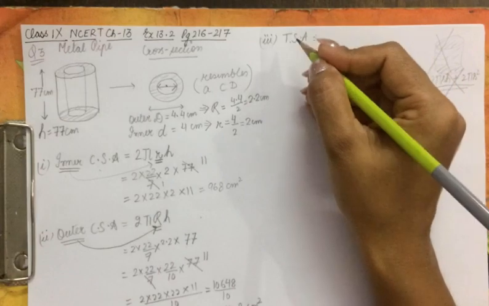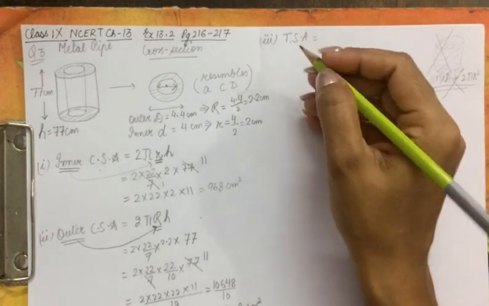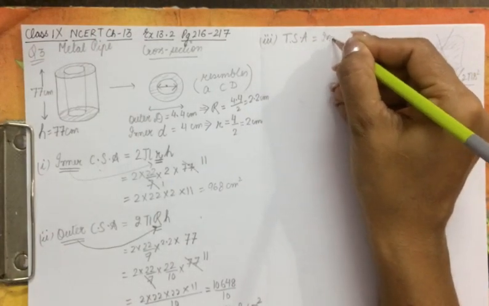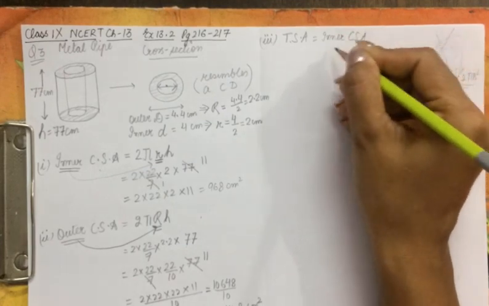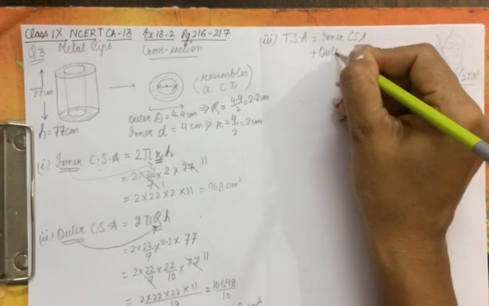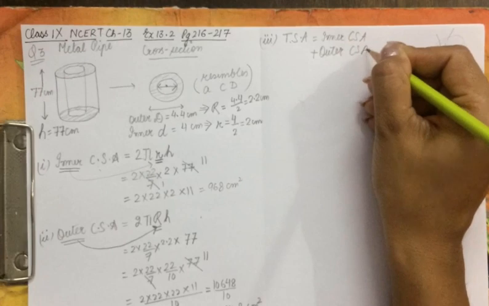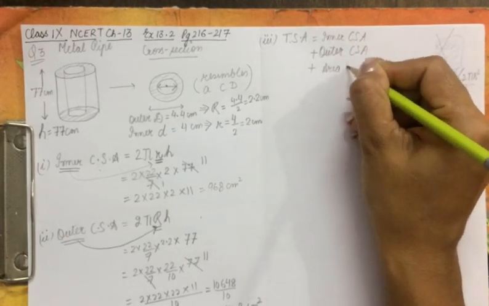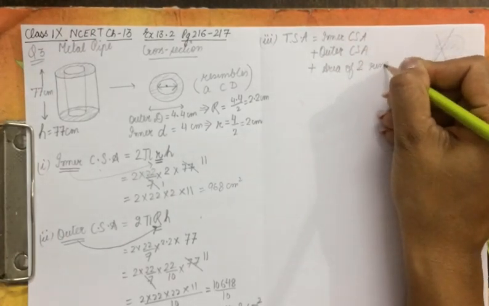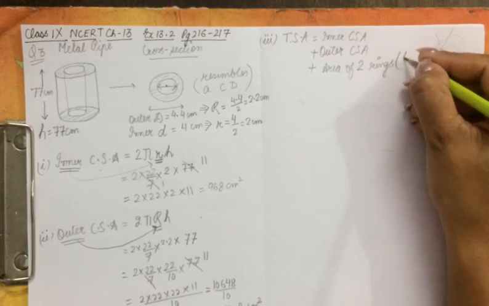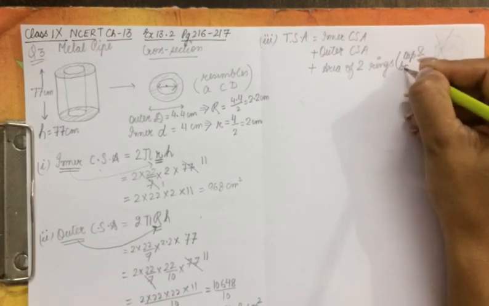So the total surface area will be given by inner curved surface area plus the outer curved surface area plus the area of two rings which are present on top and base.